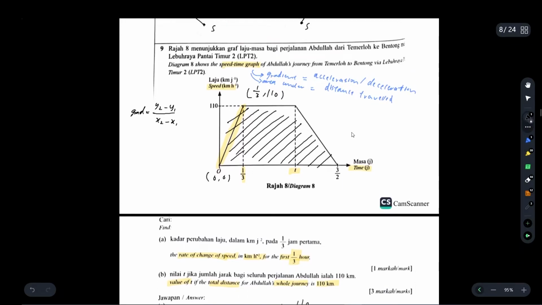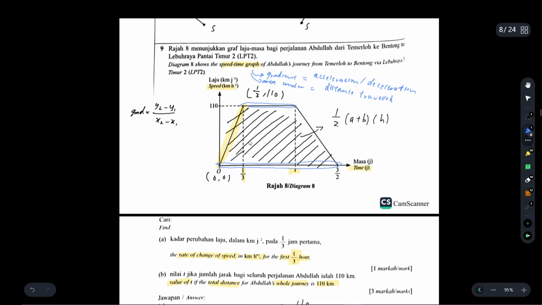So what is the formula for the area of a trapezium? It's 1/2 times (a plus b) times h. What is the meaning of a and b? It basically means the parallel sides. This side and this side are parallel, right?